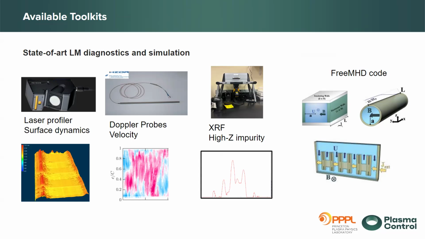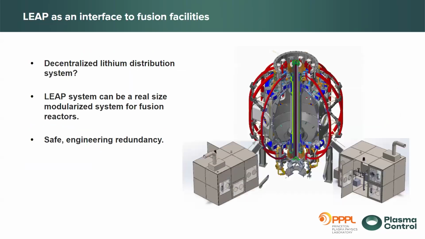So if you're interested, definitely go to the poster section. We have SULI students working on this. And we have FreeMHD in-house, the FreeMHD code to simulate incompressible MHD flows in different complex geometries.